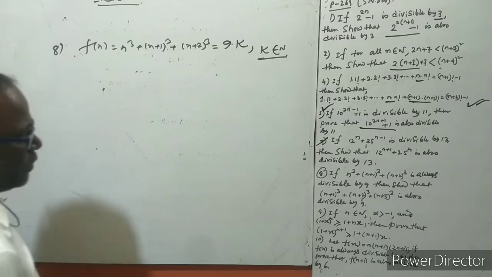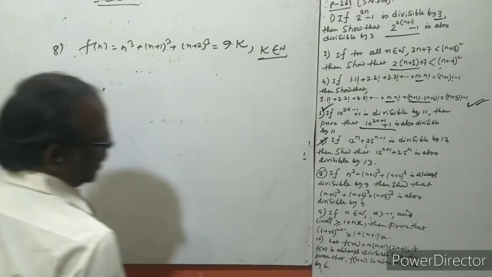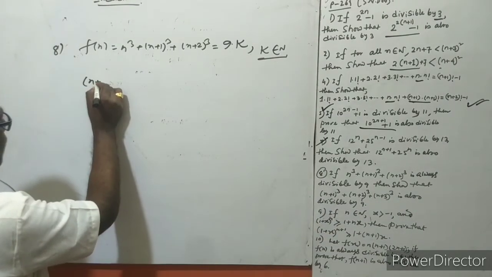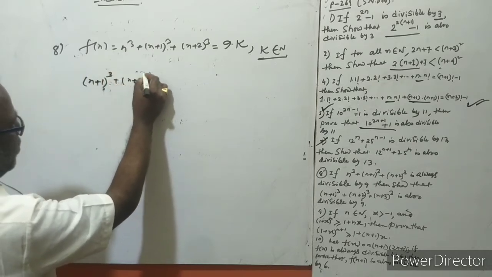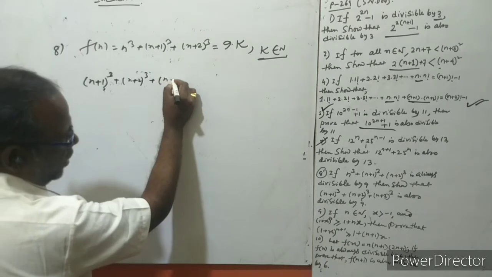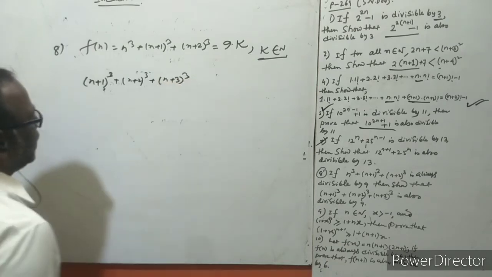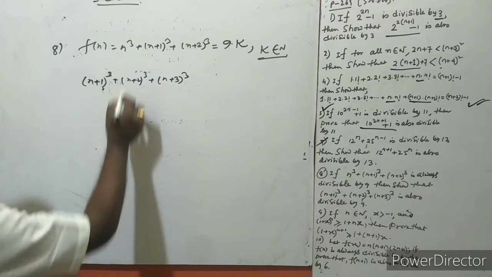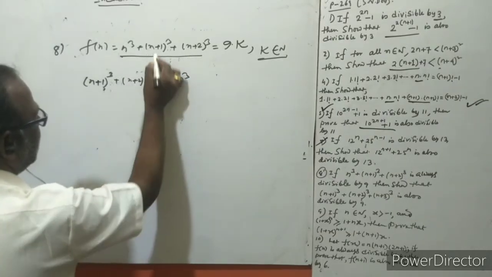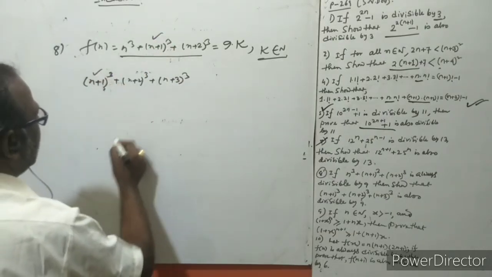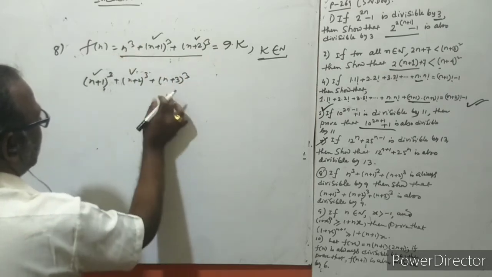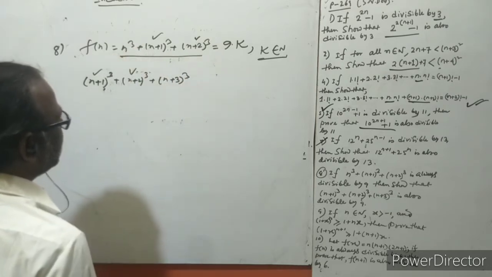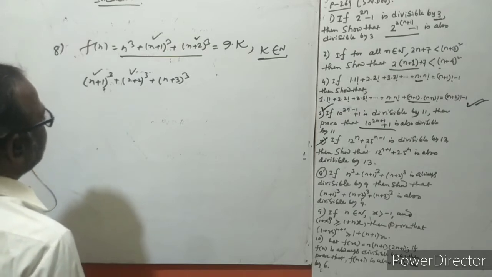Now we have to show that f of n plus 1, that is n plus 1 whole cube plus n plus 2 whole cube plus n plus 3 whole cube, is divisible by 9. Compare with the given: the first two terms are the same, but in between them we have to expand.